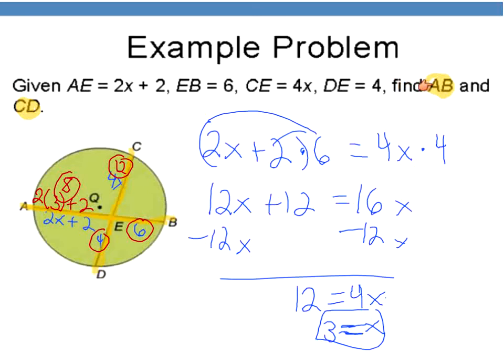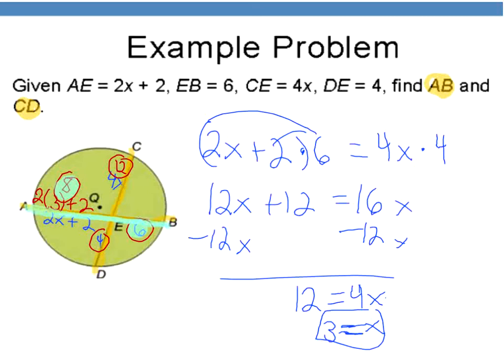So what are they asking me for? Find AB. So let's all look on my picture to find AB. A to E is 8. E to B is 6. So what is the whole length if this portion's 8 and this portion's 6? I'm going to highlight it in a different color. So what's my whole blue section?